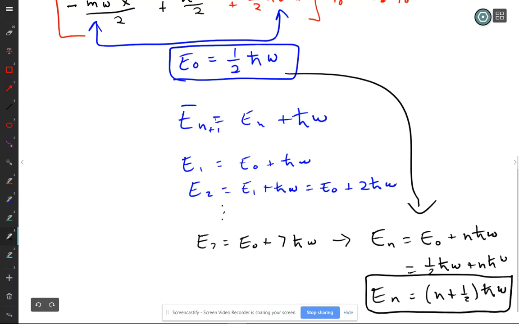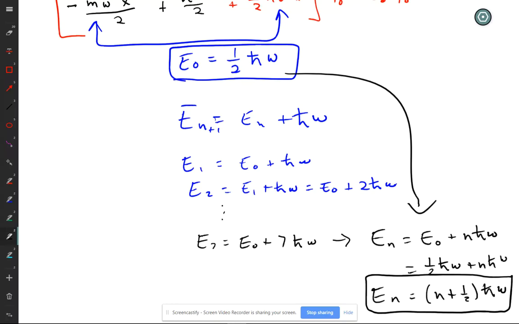So there's our entire energy spectrum. Going back to the picture on the first slide of this presentation, remember I told you here's the solutions, and you can see the energy levels are going up by the same amount each time. But the ground state energy wasn't 0. Now we see the ground state energy is 1/2 h bar omega, and then the first excited state is 3/2 h bar omega, the next one 5/2 h bar omega, and so on.